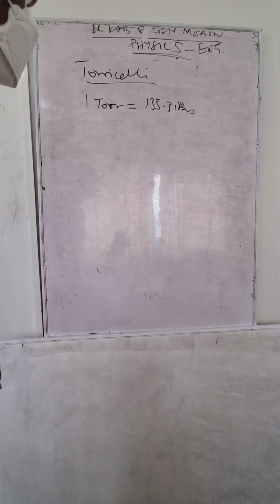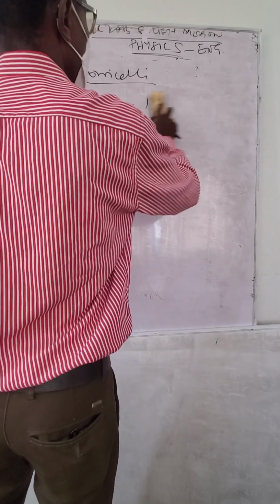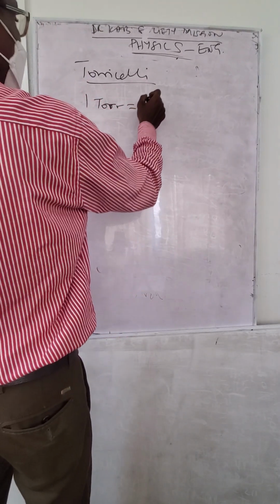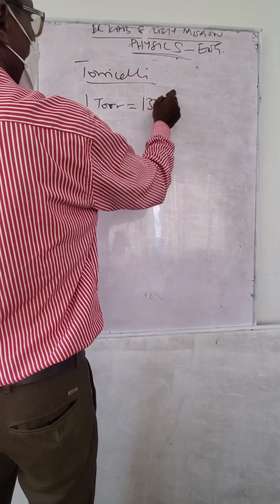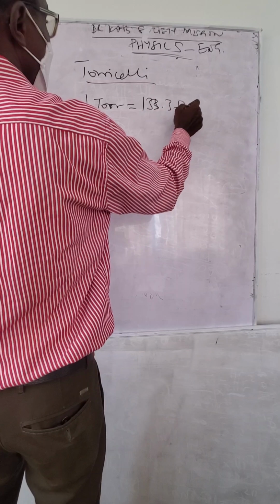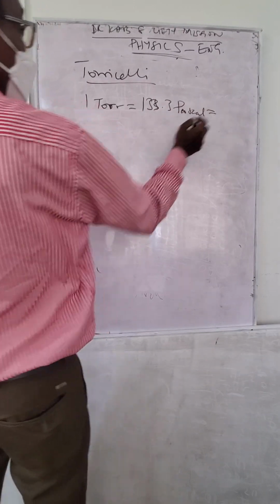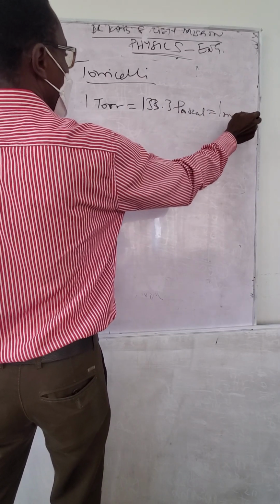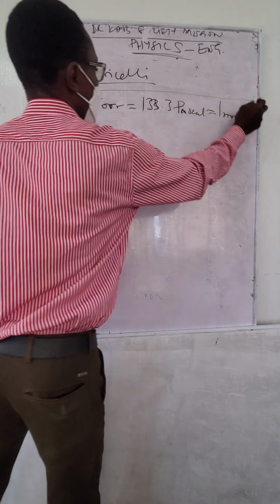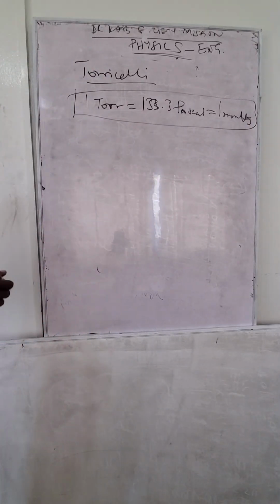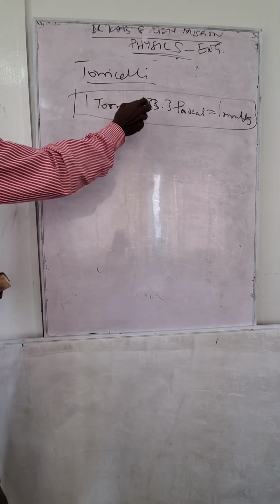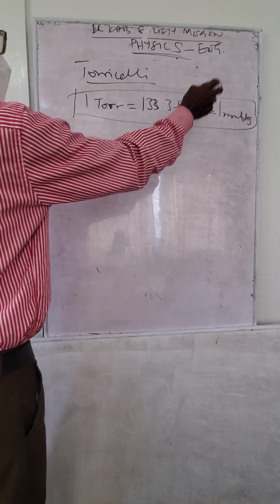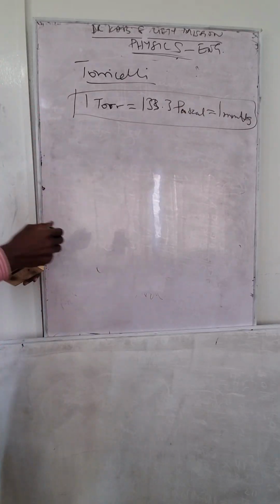Let me write it well. 1 torr is the same as 133.3 Pascal. That's the unit for pressure, which is also the same as 1 millimeter of mercury. So this you can keep in your mind: 1 torr is the same as 133.3 Pascal or 1 millimeter of mercury.